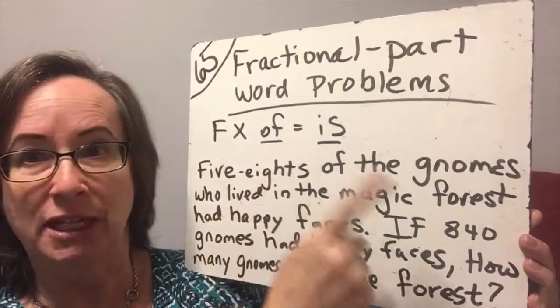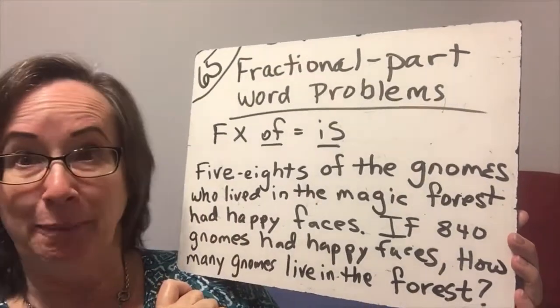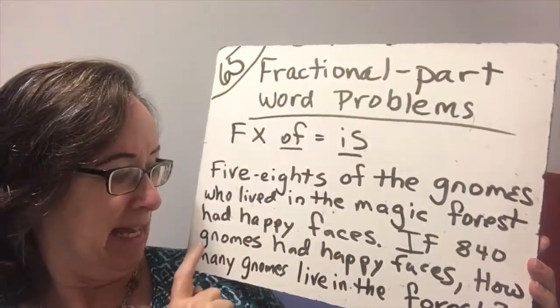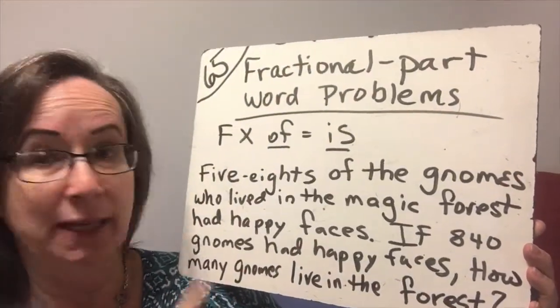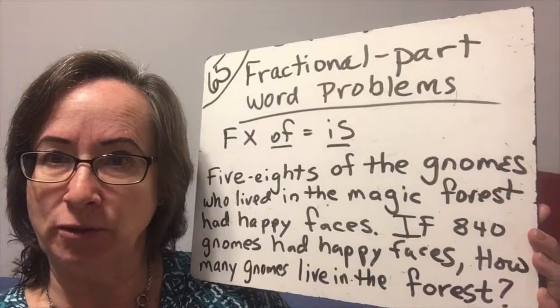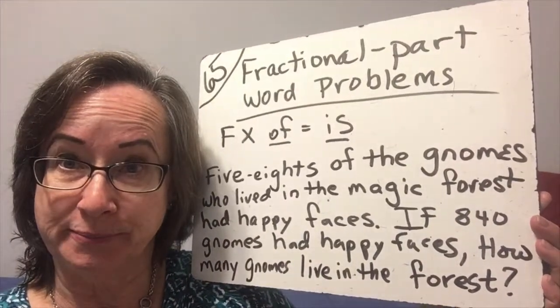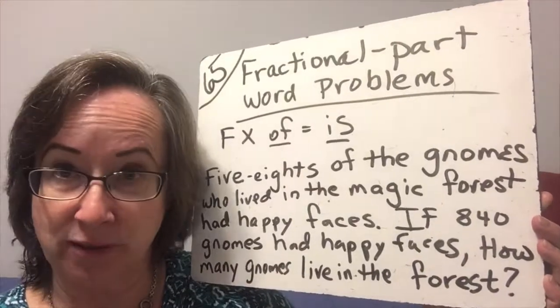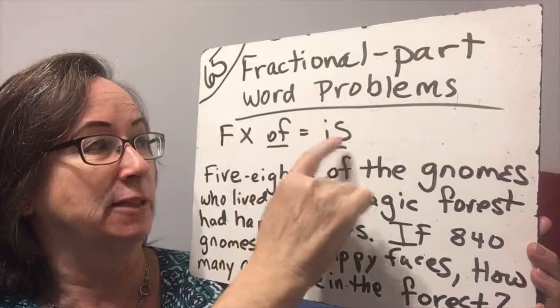Okay, so 5/8 of the gnomes who live in the magic forest had happy faces. If 840 gnomes had happy faces, how many gnomes lived in the magic forest? Now that is a weighty question. We need to find the answer. All right, so we're going to use F times of equals is.